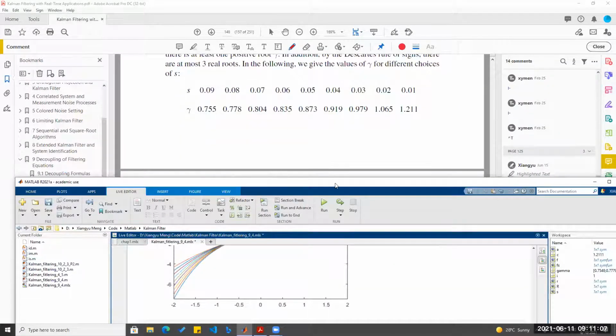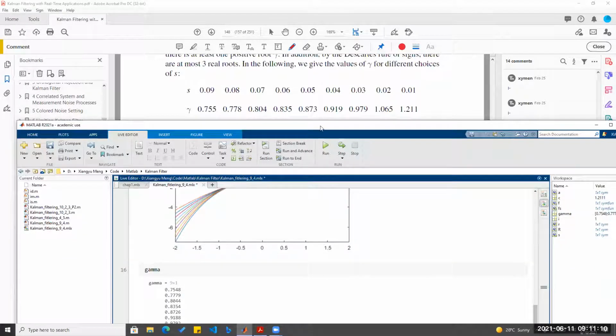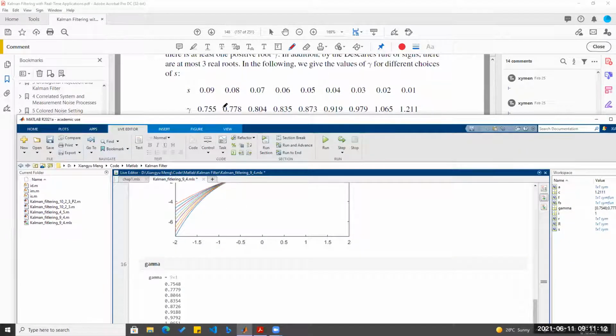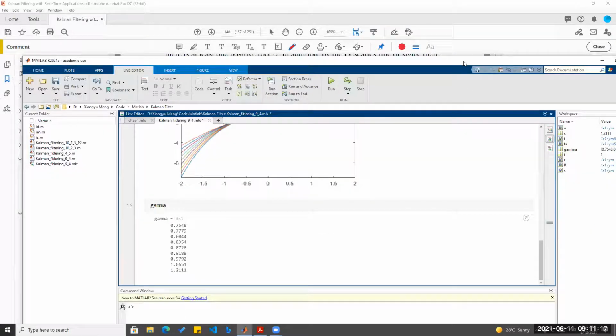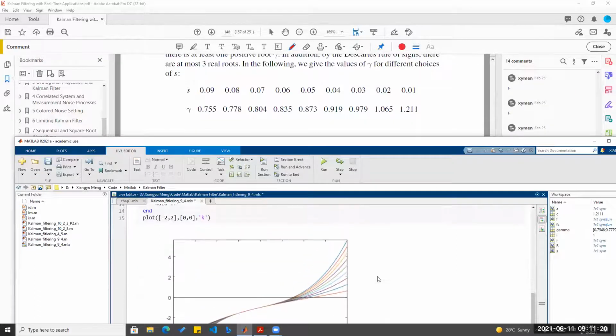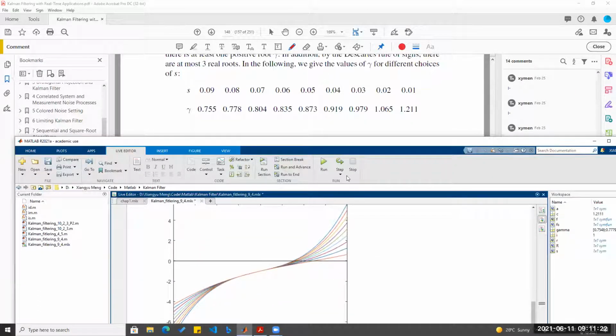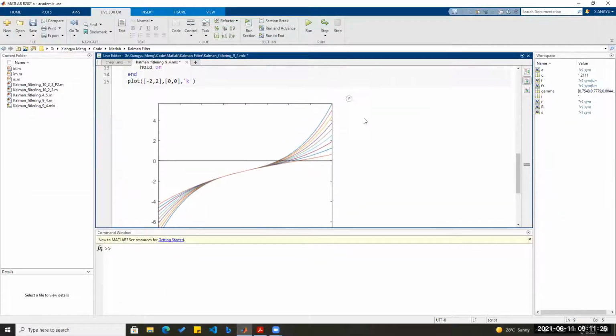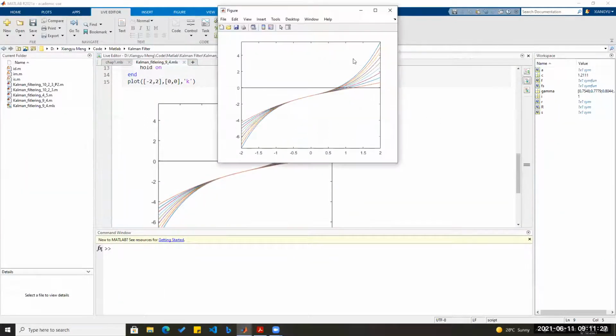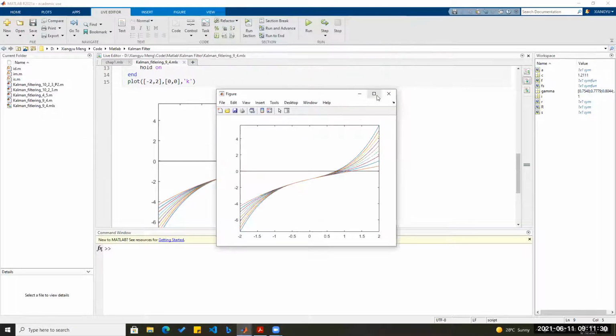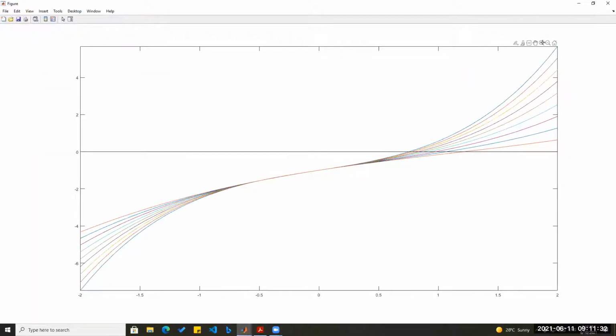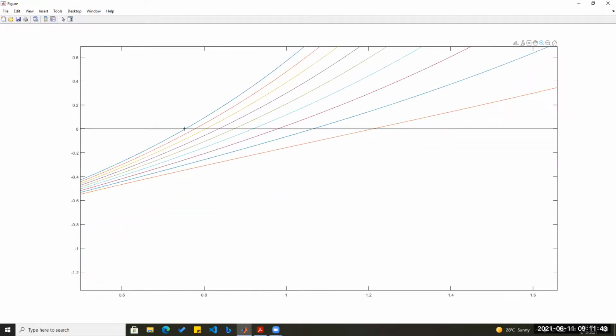Basically, it's the same. We have gamma here until 1.211. Then you can also visualize this is the gamma from 0.09 until 0.01. So this is all the roots.